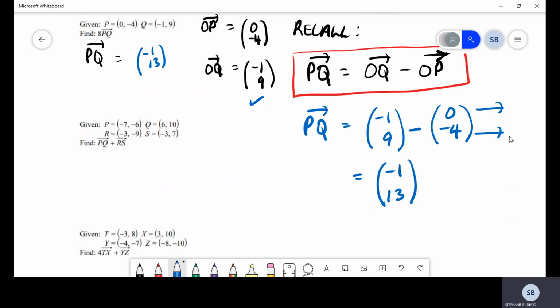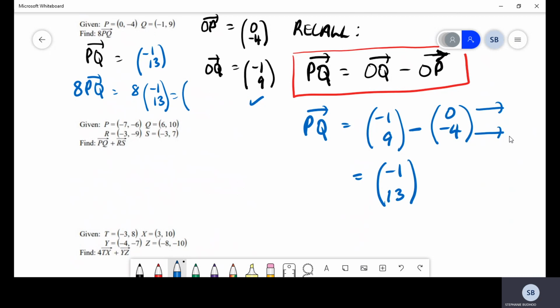Now they want us to find the value of 8PQ. How are we going to do that? Well, you can multiply vectors by constants by simply multiplying each of the values inside your brackets.